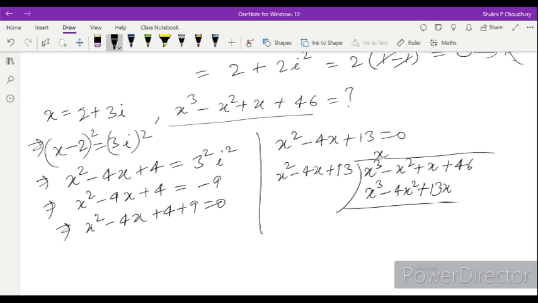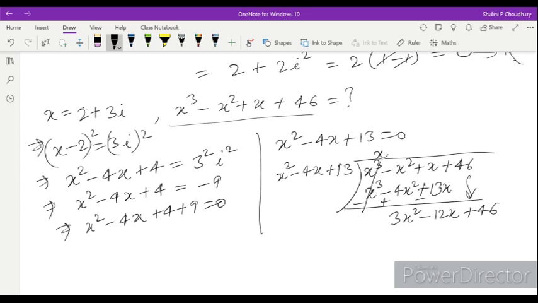Now minus plus minus cancel. Now this is plus 4x square minus x square will be 3x square. Minus 13x plus x will be equal to minus 12x, and the 46 as it is we'll write here.